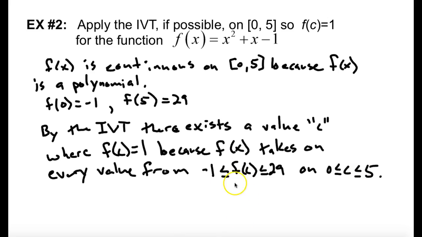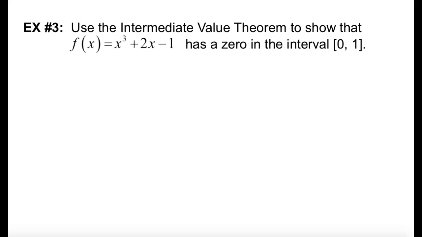Okay, so the y values have to take on every value between -1 and 29, where the x values take on every value between 0 and 5. Okay, so let's take a look at 2 more here.